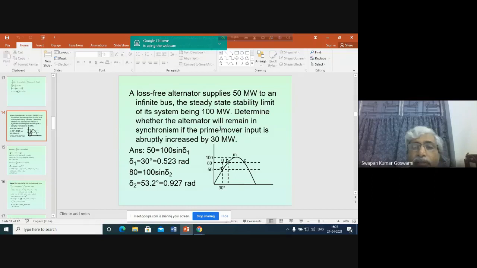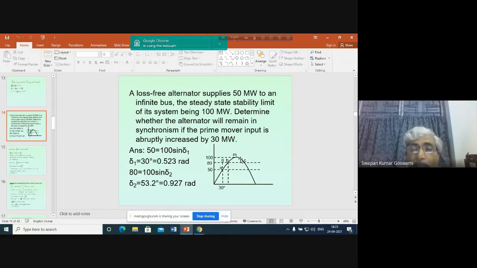Since you have to ascertain whether stability will be maintained or not, let us find out this total area. How do we find this total area? This angle we know is 53 point something, so this point is pi minus that angle. Pi minus delta 2 is this angle.